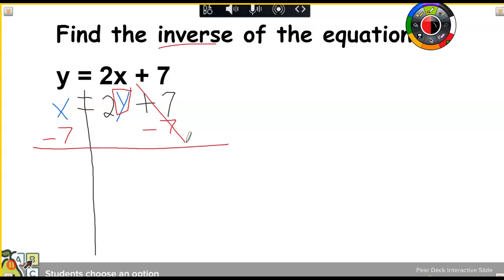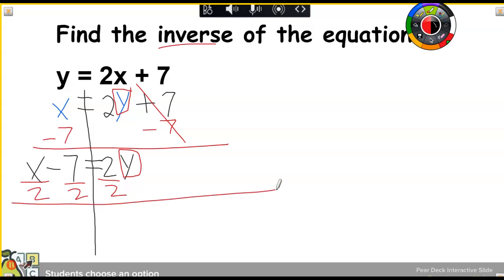So this is gone. And you bring down 2y. On the other side is x - 7 together. And you want to keep singling out your y by getting rid of the 2 by division. Do the same on the other side with everybody. So this is gone. And you only have y left, which is what you want. Equal sign.